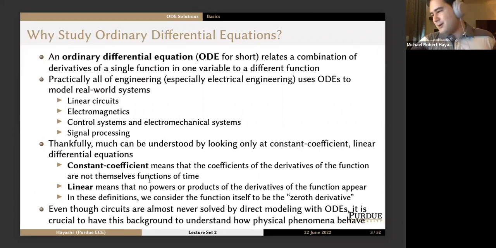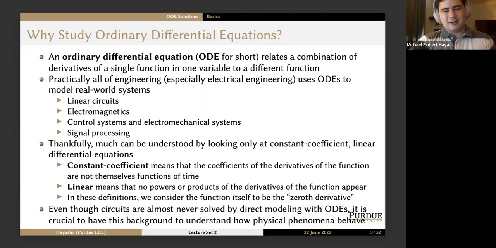So we talked about why study ordinary differential equations. Pretty much all of engineering uses ODEs in some capacity. It describes basically all physics-driven phenomena. We're only going to deal with constant coefficient linear differential equations, which makes our lives a lot easier than dealing with the broad field of ordinary differential equations like you would in Math 266 or 366.